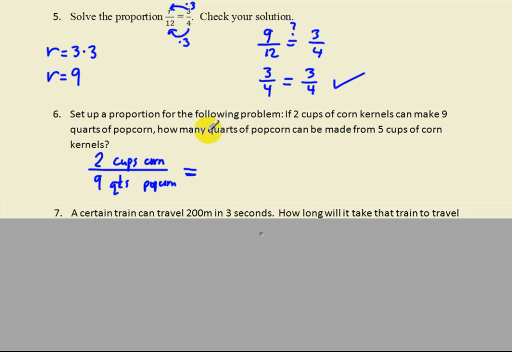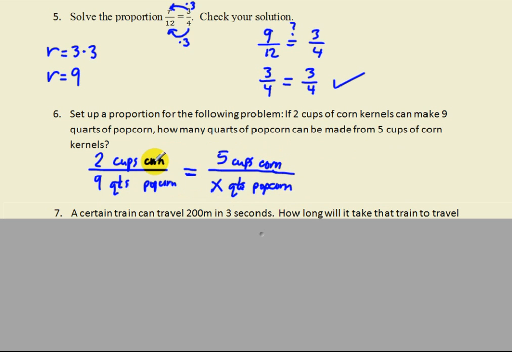So we have how many quarts of popcorn. How many means we're looking for x. That has to go on the bottom because that's where our quarts of popcorn will go. So x quarts of popcorn. And then the cups of corn have to go on top. So the 5 cups of corn kernels will go on top.